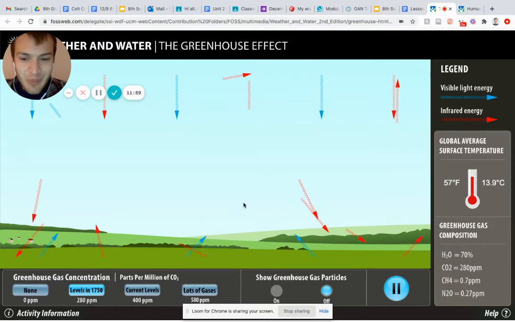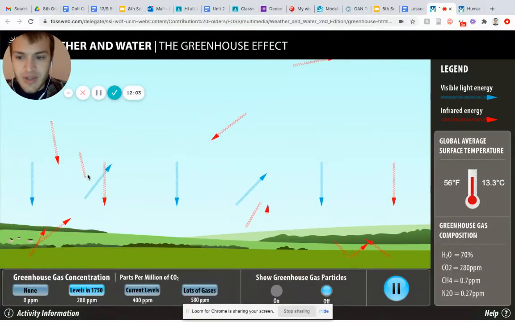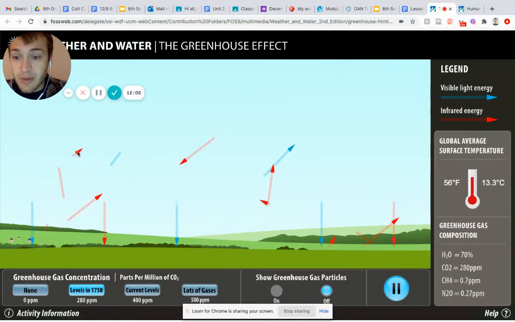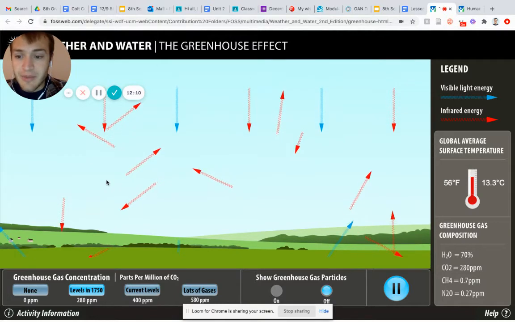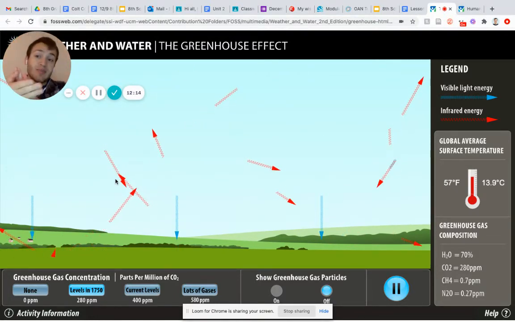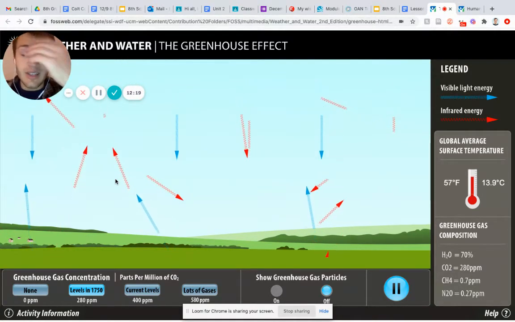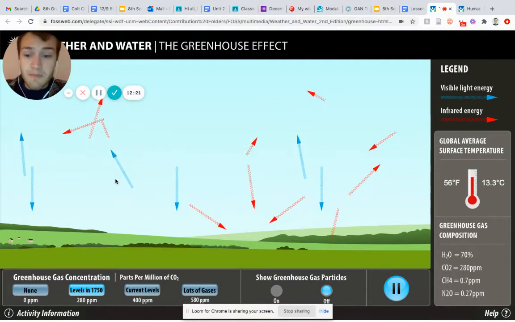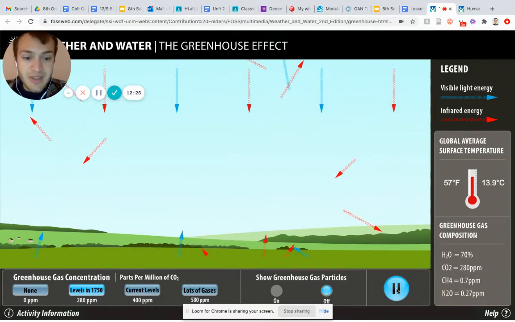Okay, but some of these red arrows are going to stop and get reflected back. Like that one right there, it didn't leave the atmosphere. It got stopped by something, and when it gets stopped, it gets re-radiated. So it gets sent back out again, maybe back to Earth, maybe towards the atmosphere. At any rate, we can see that the temperature is about 56 degrees. So this is much warmer than -1 degrees Fahrenheit.